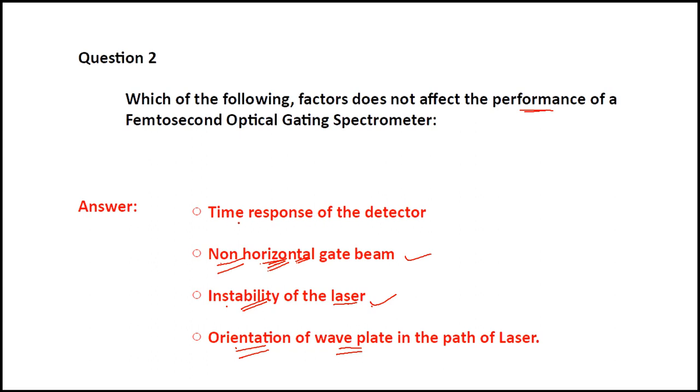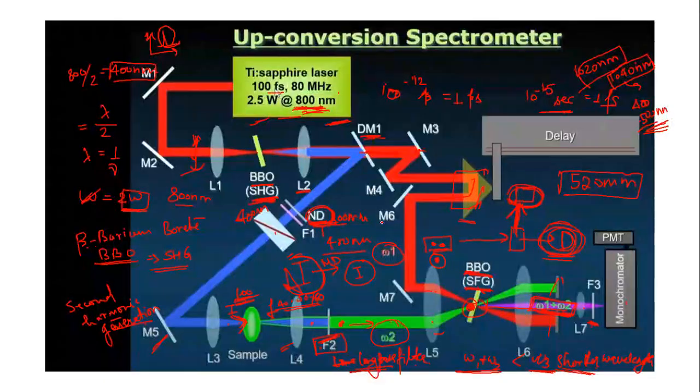Now, the time response of the detector. Here a pulsed laser comes through to this sample. You get continuous light in the form of fluorescence when it passes through the sample, in the form of a decay curve like this, and it is detected by the photomultiplier tube, which is the detector.